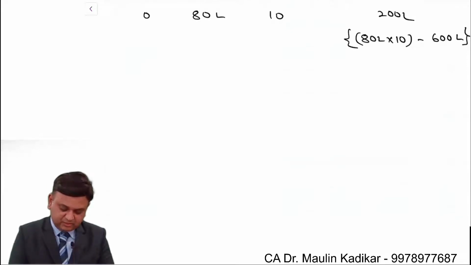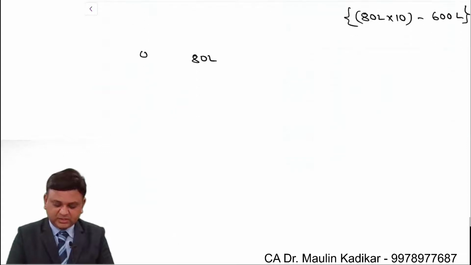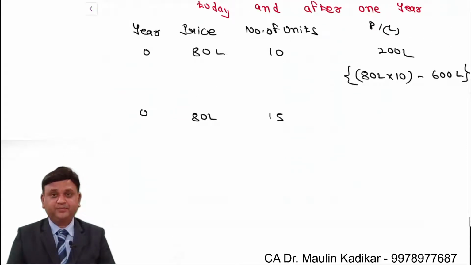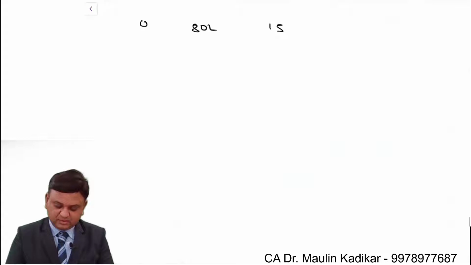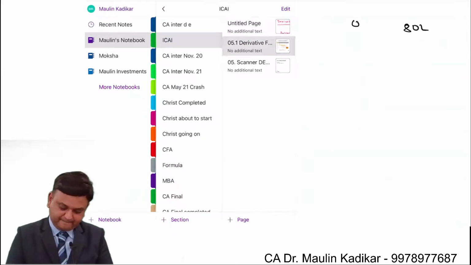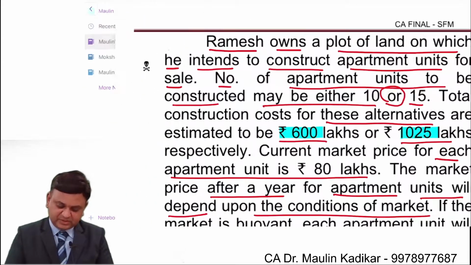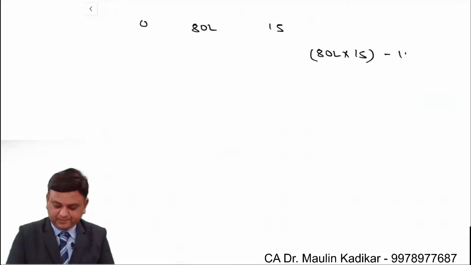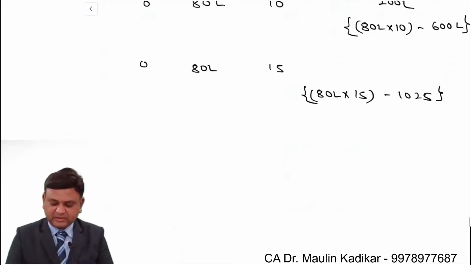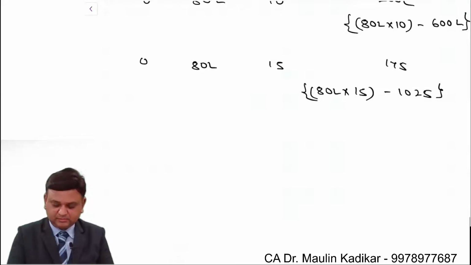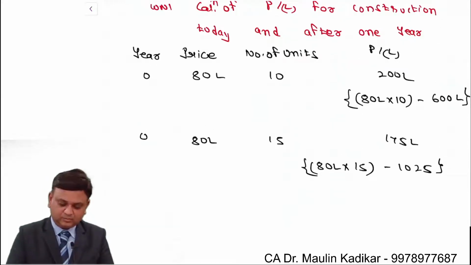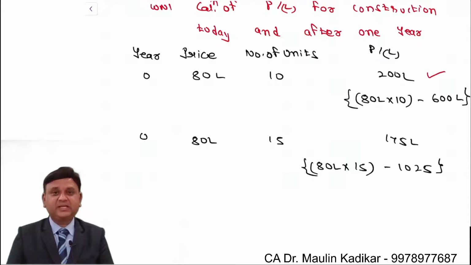Same year 0, 80 lakhs, and you construct 15 units. Then what will happen? It is 80 lakhs into 15, so 1200 minus 1025 lakhs. So that comes to 175 lakhs. We make a selection over here.